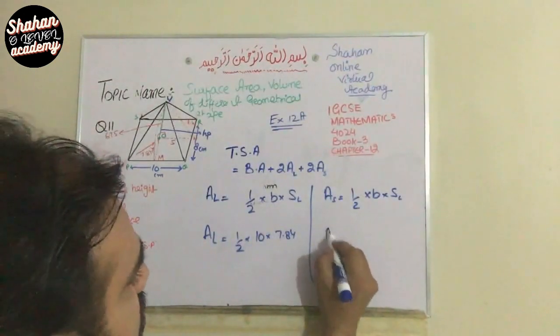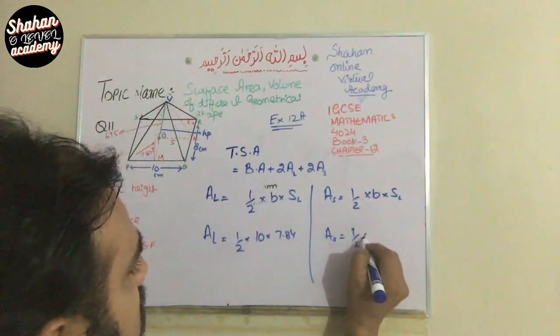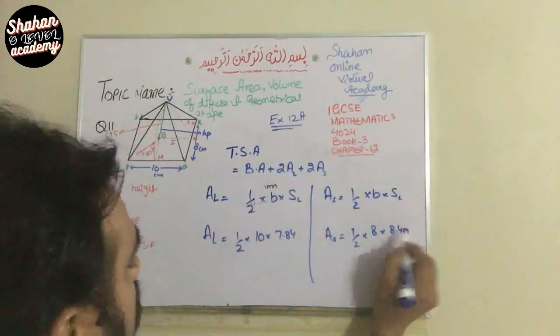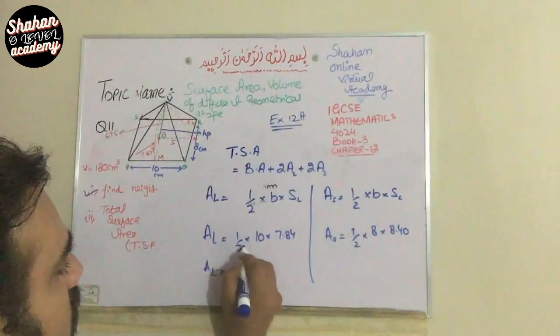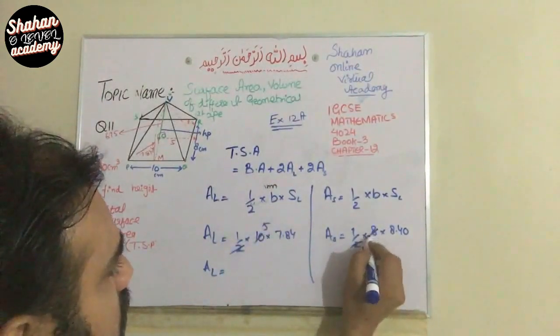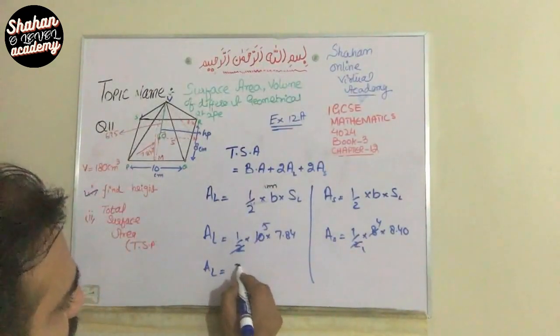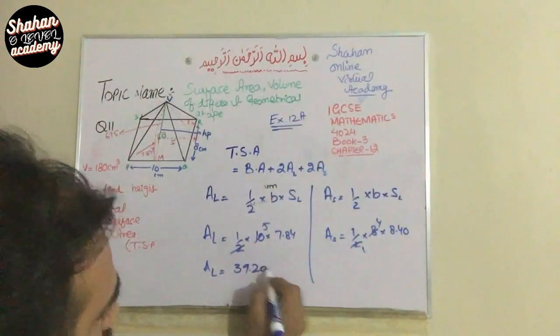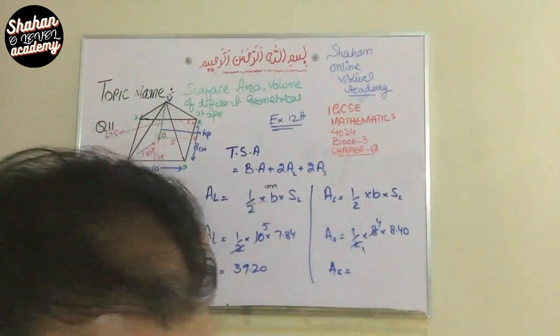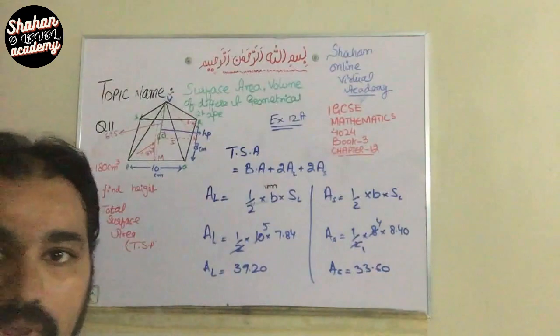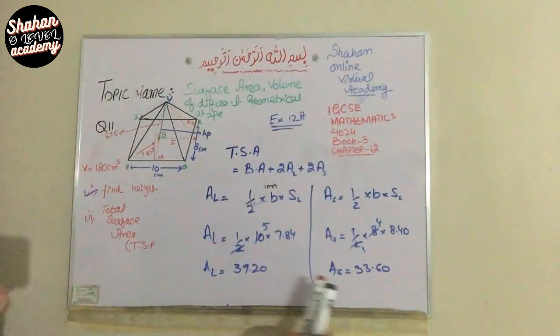Half of 7.84, and the slant height is 8.40. Simple. We just find the values, and it comes to 39.20, and AS we find is 33.60. Okay, so it's so simple. We can find AL and AS.